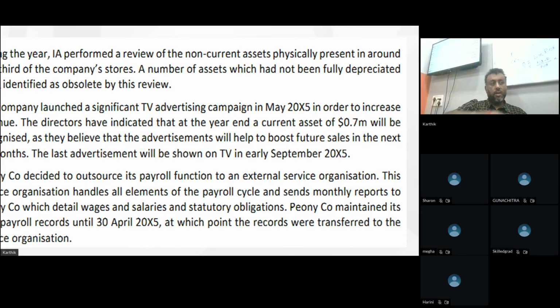I have not outsourced to you, I have outsourced to somebody else, some other external firm. What is the problem? Wrong amount of salary given to the employees. Again, is this your headache or the business's headache?